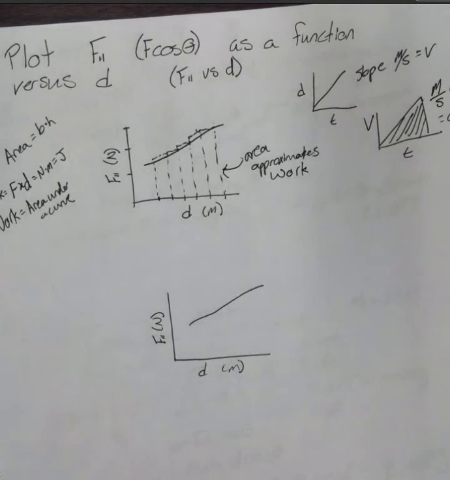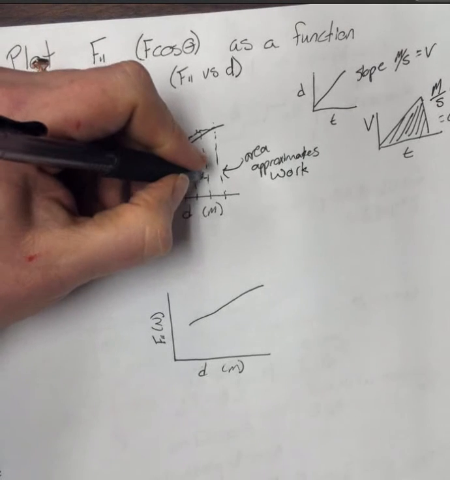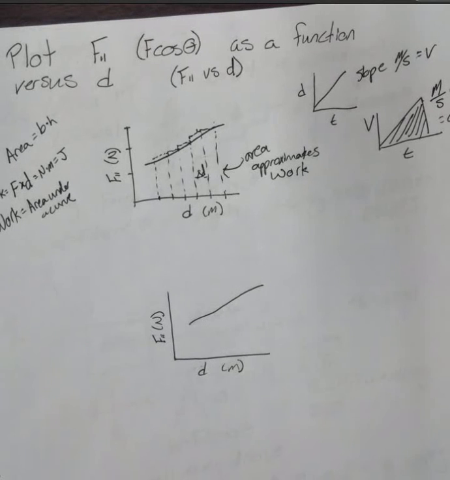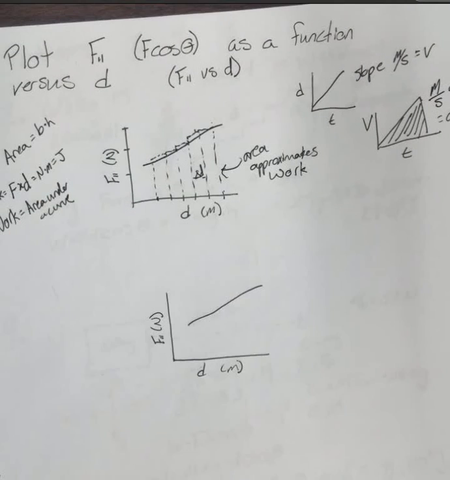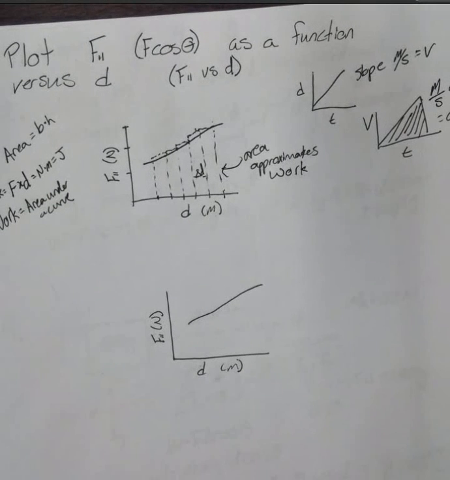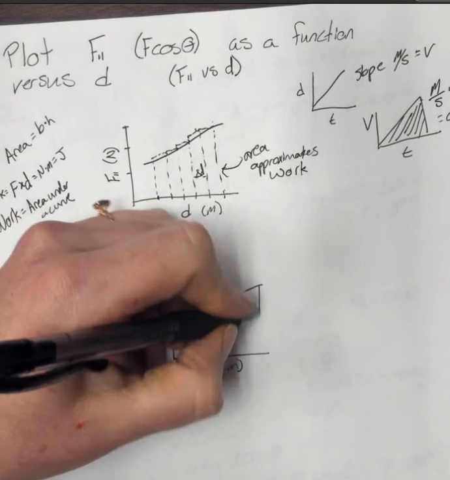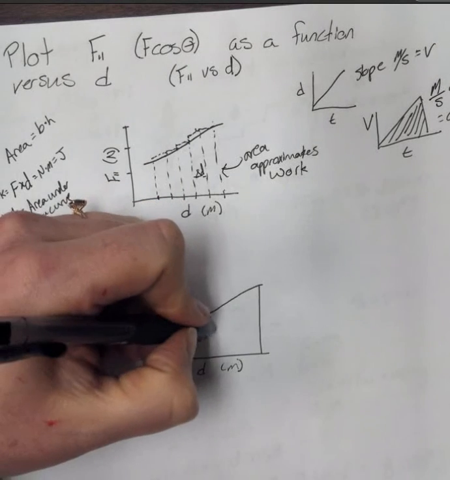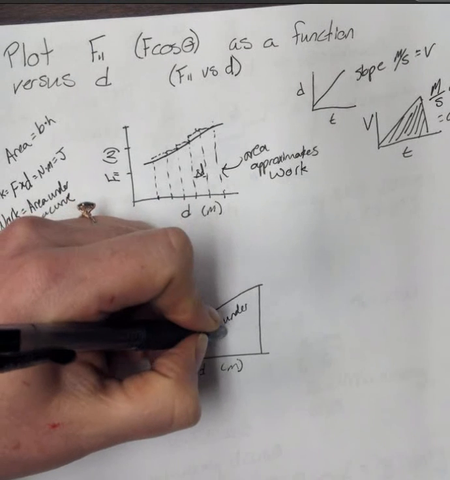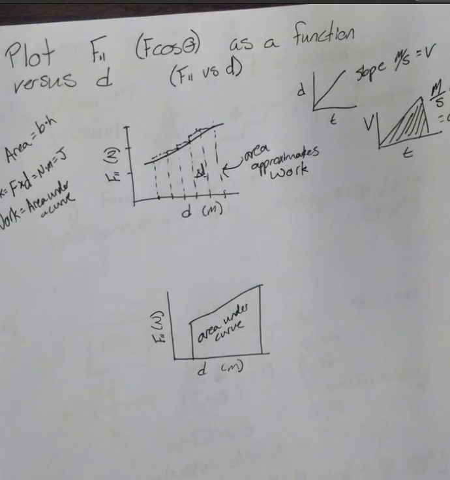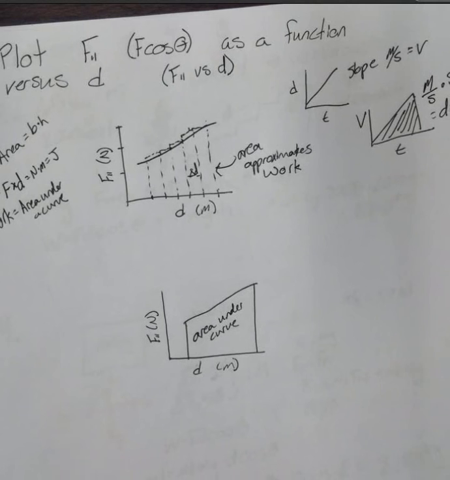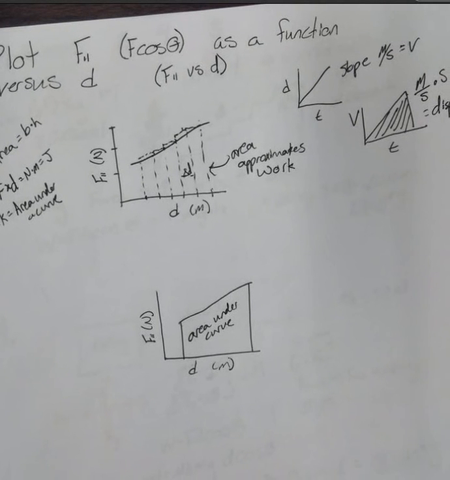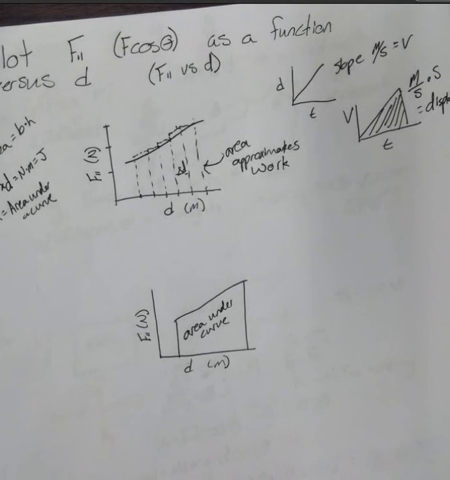We can do that by breaking each distance into a smaller distance, and that gives us a more and more accurate area under the curve. Well, in calculus, as the limit of the distance approaches 0, now we're talking about an integral. If you find an area under the curve, which is what you do in calculus, then you've found the force times the distance for a varying force. You've been able to calculate the work that's caused by a changing force.